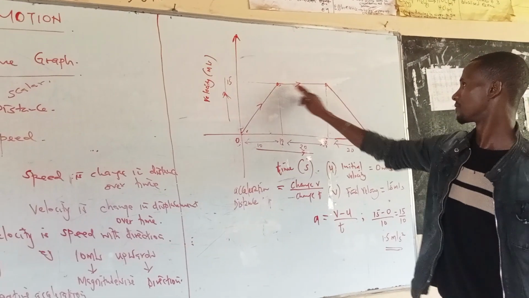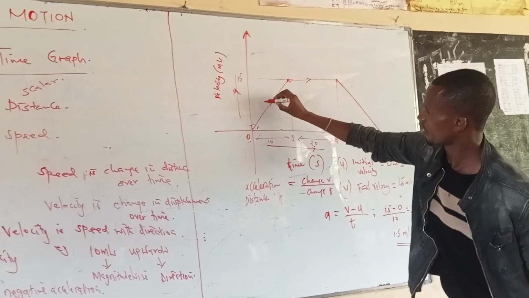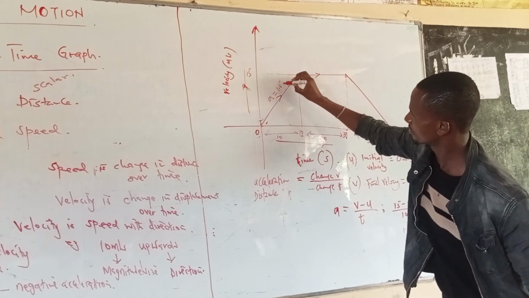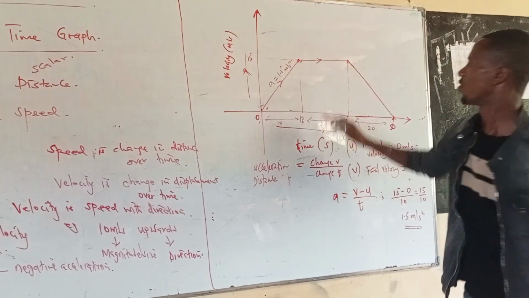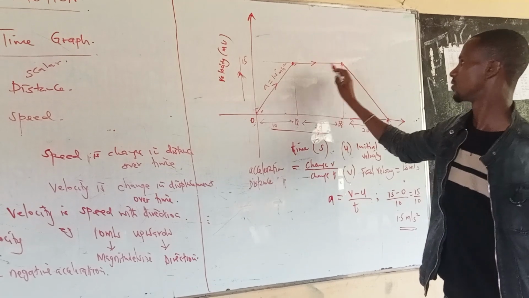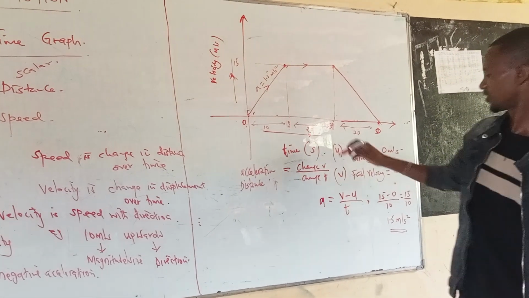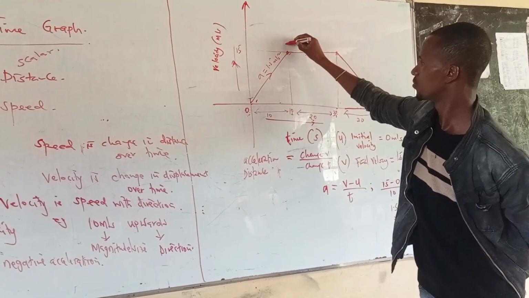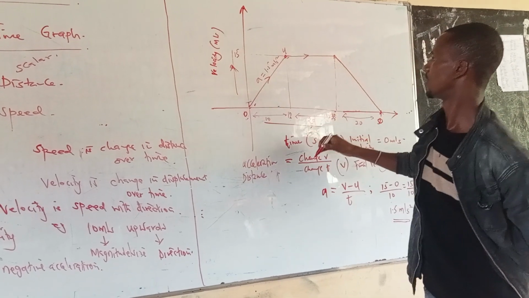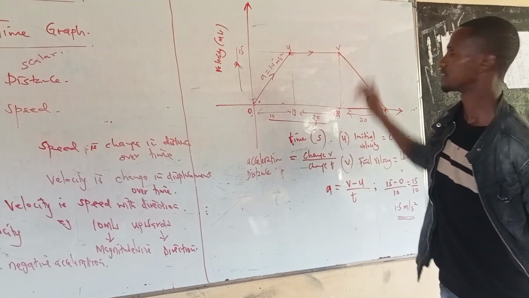So our acceleration here is 1.5 meters per second squared. What about the acceleration here? We take this to be our u, and this is v.